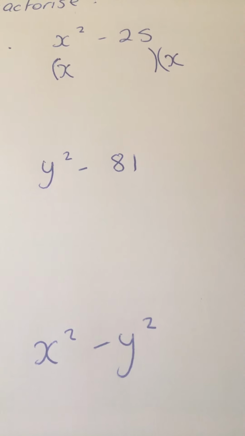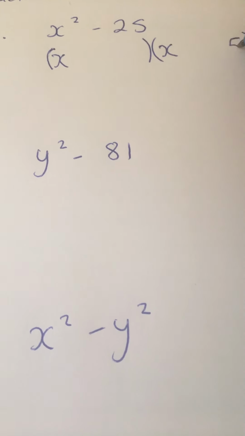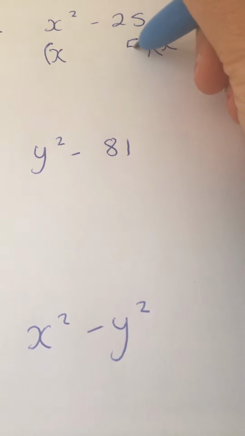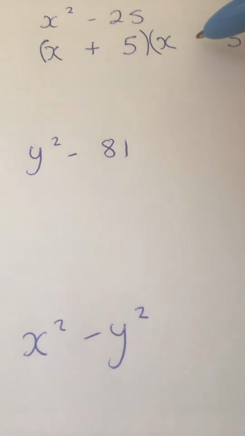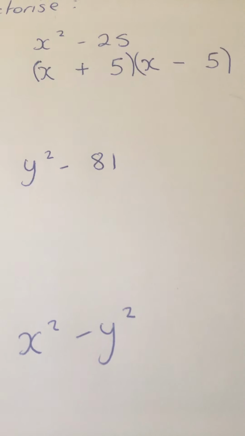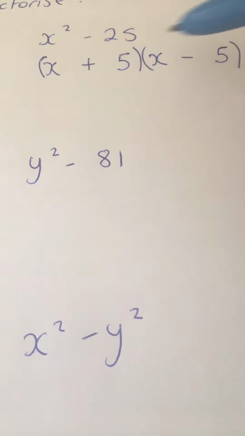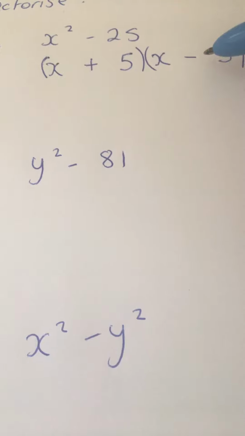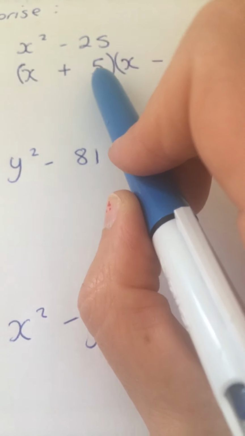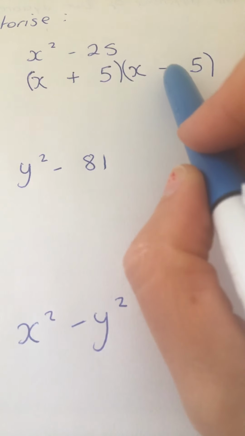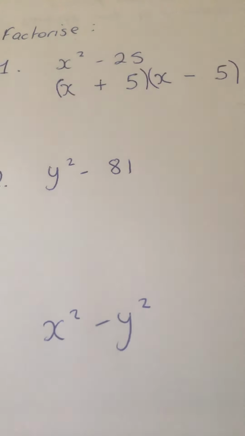What are the factors of 25? 5 and 5. And you just put a plus in one bracket and a minus in the next bracket. If you put a minus here and a plus here, that's fine too. Okay, so they always have to have the first two terms the same and the second two terms the same, but the sign is different.